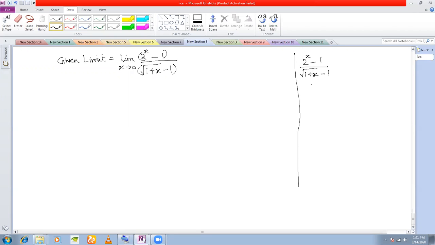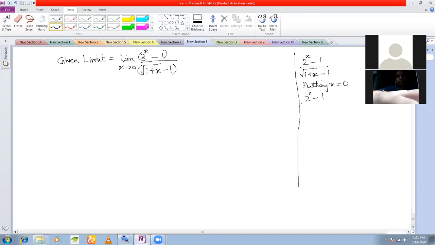Putting x equal to 0 because x tends to 0. We get 2 to the power of 0 minus 1 by root 1 plus 0 minus 1, which is equal to 1 minus 1 by 1 minus 1.